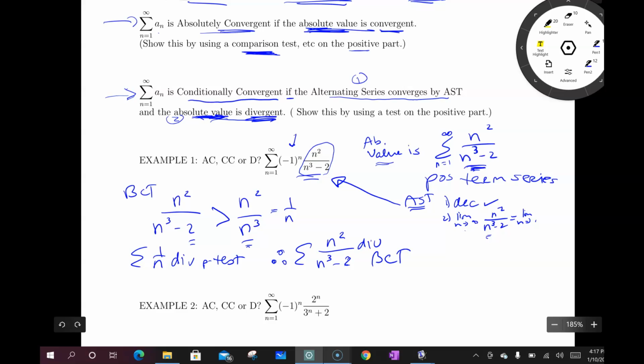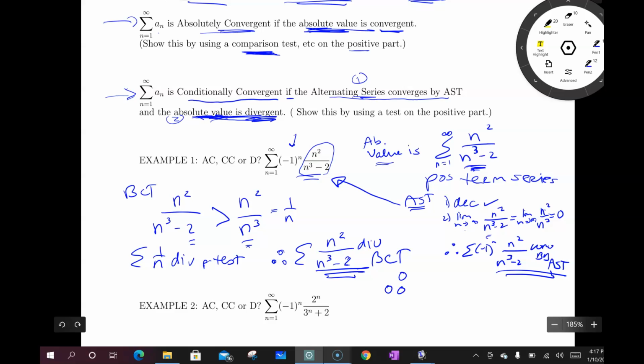Let me just make sure you see it. So n squared over n cubed gives you 1 over n. As n goes to infinity, that gives you 0. So what I get is that this converges by AST. Now I have this converging by AST, and I've got the absolute value diverges, right? These are the two things I need.